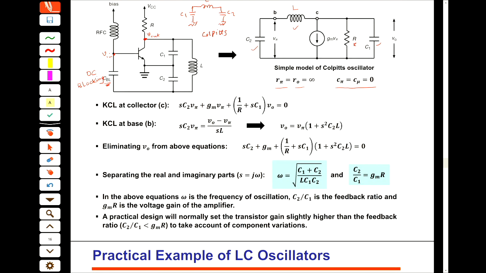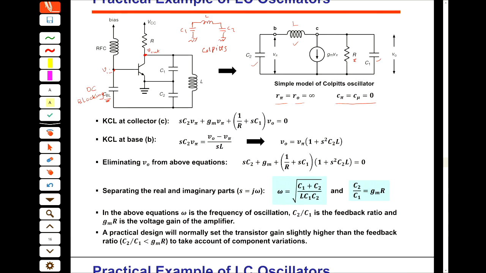So a KCL at this point: this current, and this current, we can see that. One current is the gm V pi.